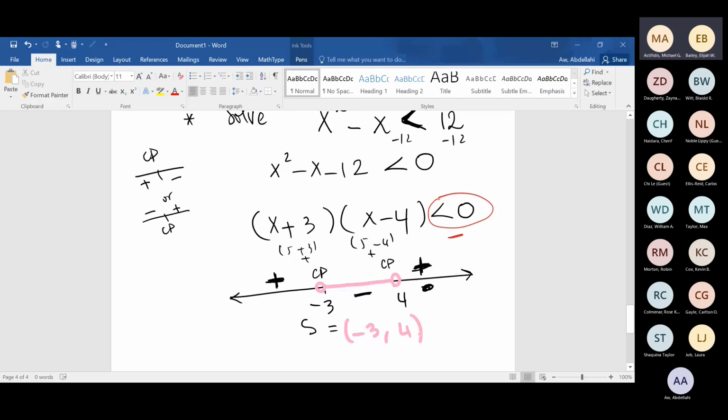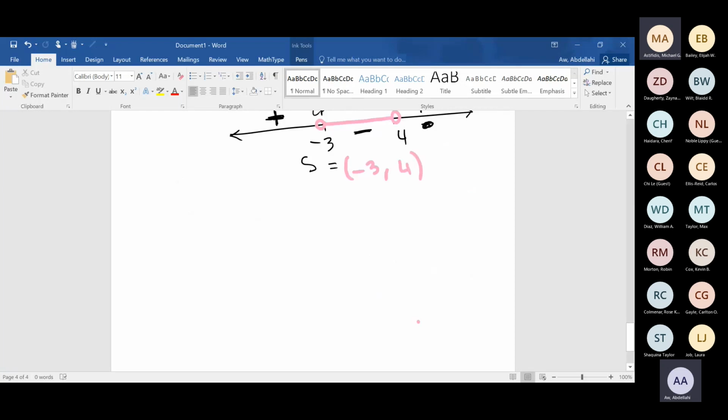All right. We cannot read the solution until you put the signs, plus, minus, etc. Okay.